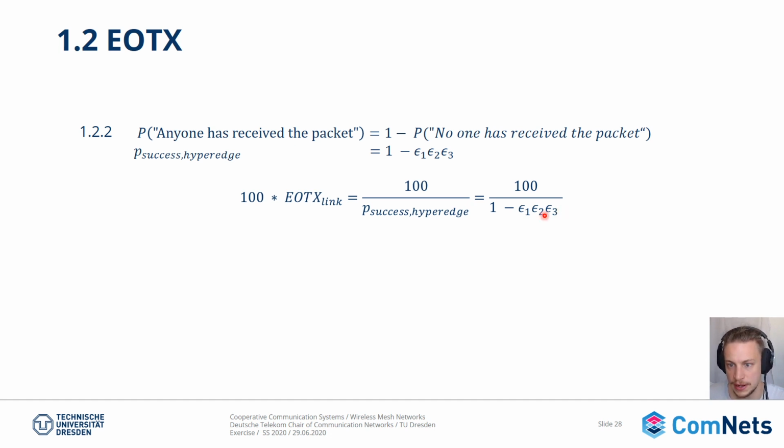So if we multiply this term here by 1, it doesn't change anything. Then the other interesting corner case, as I said, if we have one neighbor with a perfect link, then its loss probability would be 0. So say epsilon 3 is 0, then the EOTX instantly is 1, and we only have 100 packets to transmit.